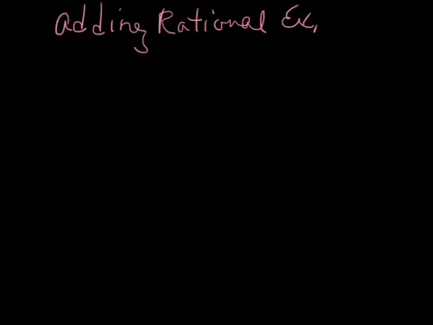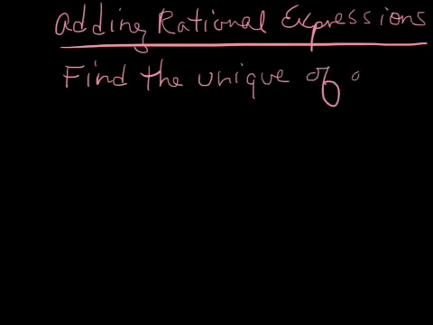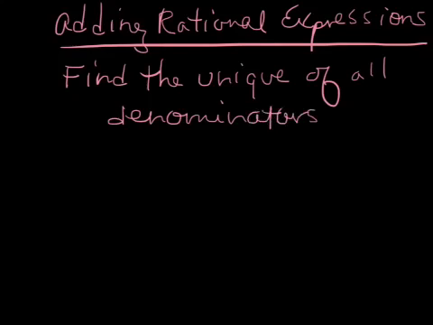Sum up. When adding rational expressions with unlike denominators, you need to find the unique factors of all the denominators to form a lowest common denominator.